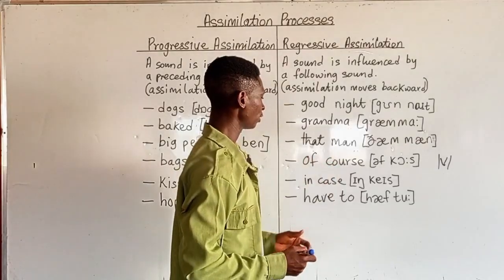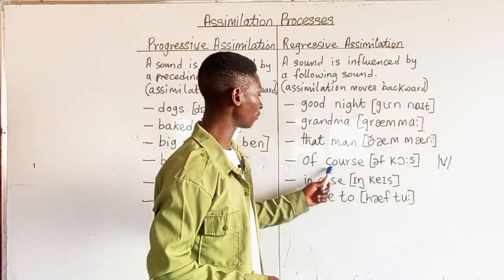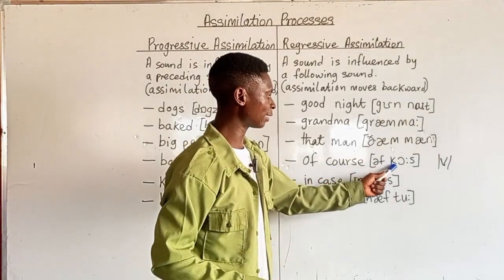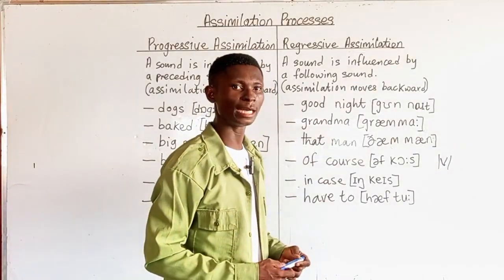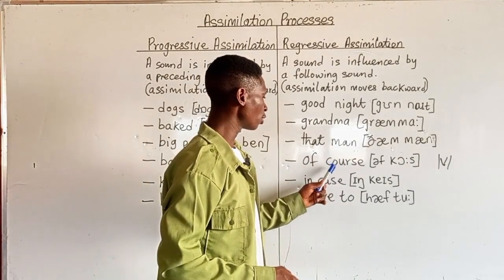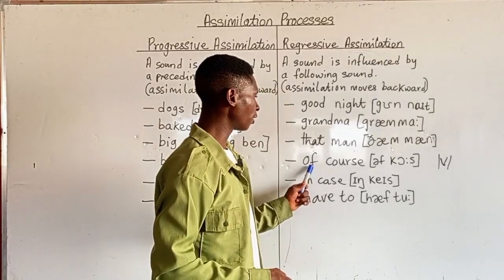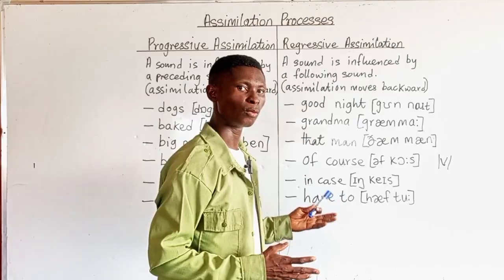Since we have the k sound in place of letter c here, as in course, and k sound is a voiceless sound, for you to be able to produce this voiceless sound, you have to change the v sound to its voiceless form.